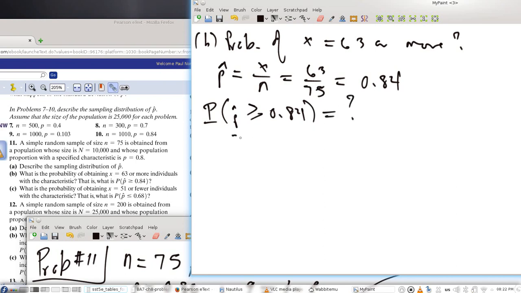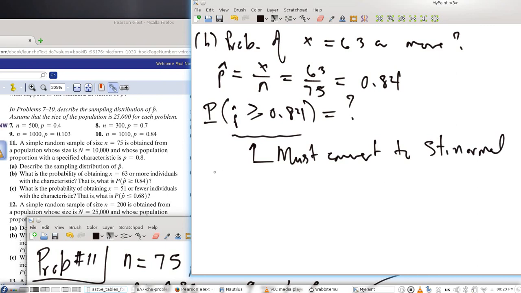And to do that, we need to convert this. We already know from part A that the distribution of the sample proportion has a normal behavior, and therefore we must convert to the standard normal curve.